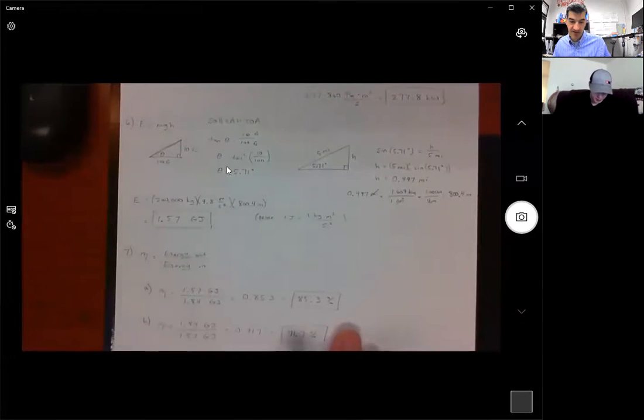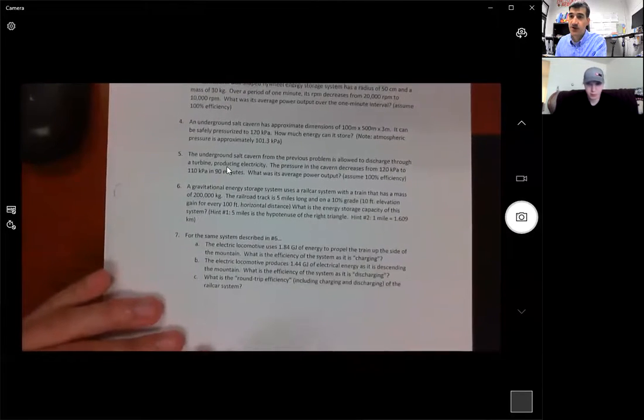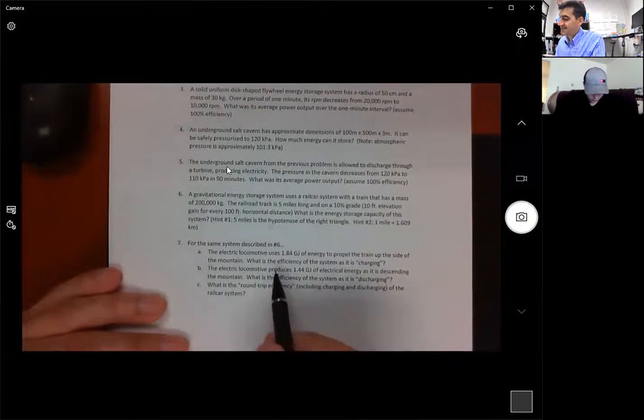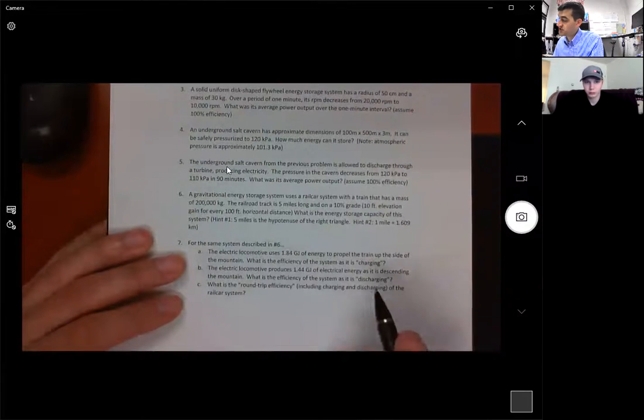All right, then the very last problem here, for that same system, we're going to calculate some efficiencies. We know that none of these are really going to be 100% efficient because there's losses in friction, in electrical losses, in the motor. There's going to be several different losses in this system. So it says that it uses 1.84 gigajoules of energy, that would be electrical energy, to propel the train up the mountain.